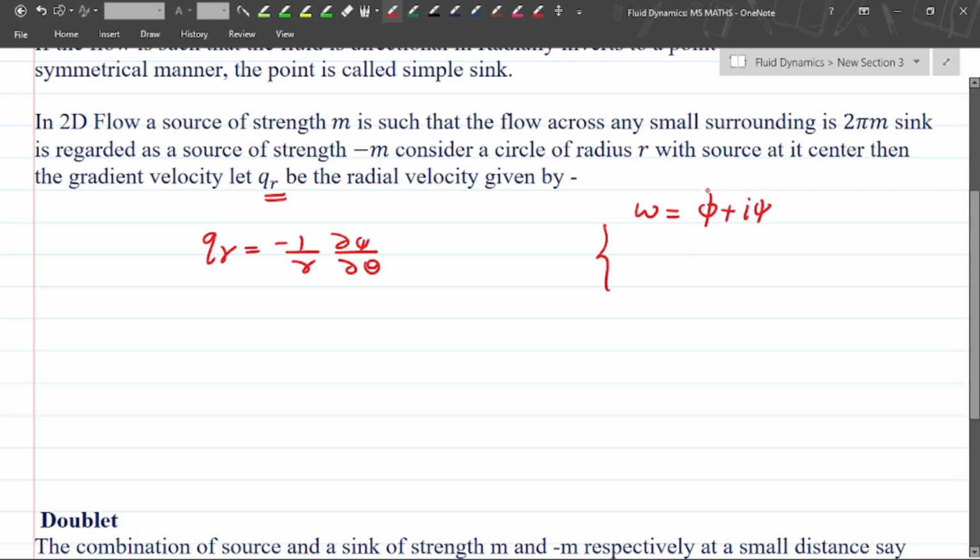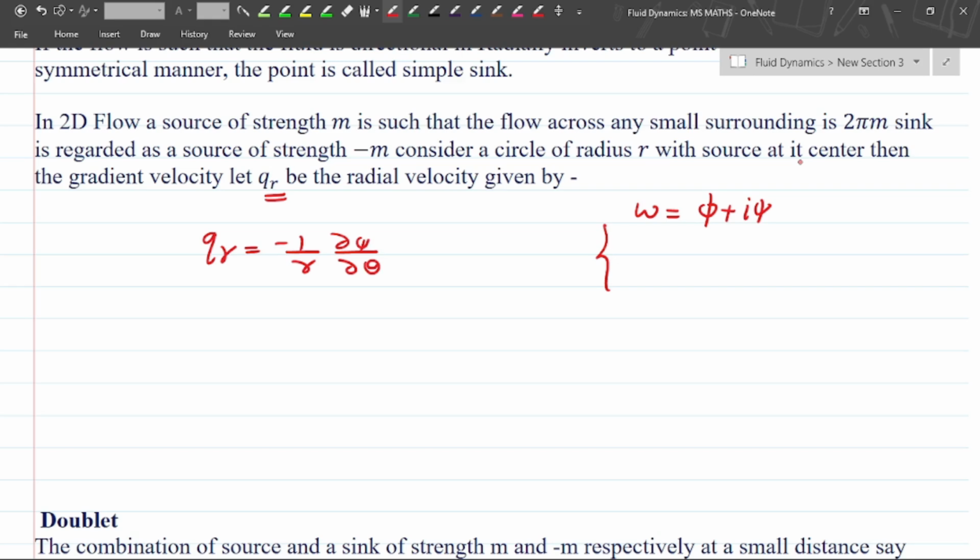There are two types of function: phi is the potential function, and psi is the stream function.